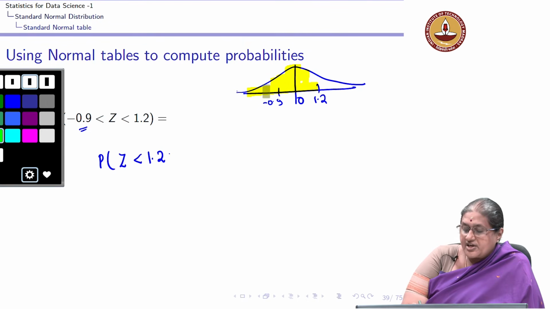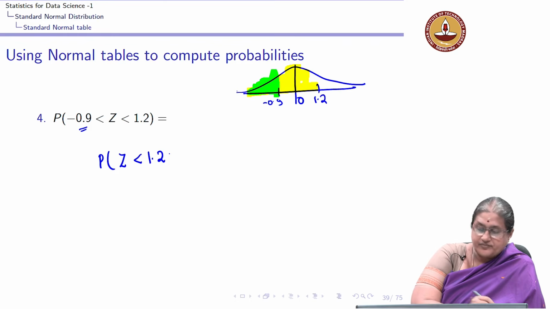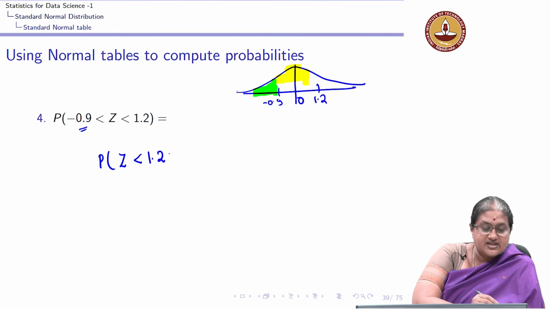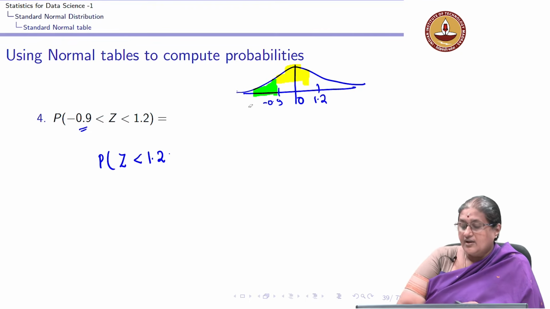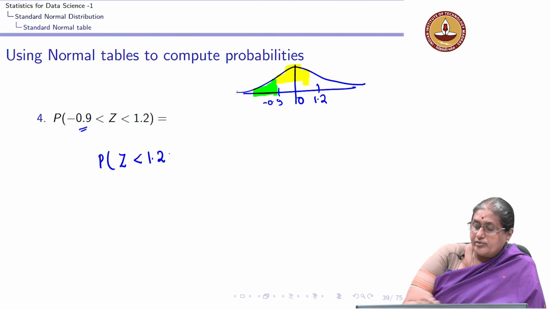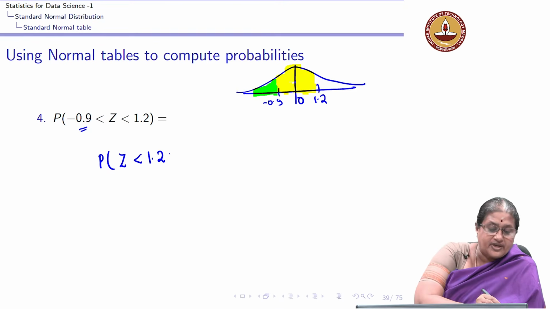The green shaded region is going to give me the probability z is less than 0.9, and only the yellow region will tell me the probability I need.